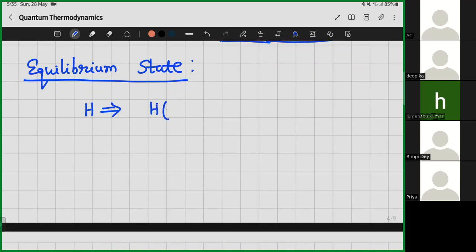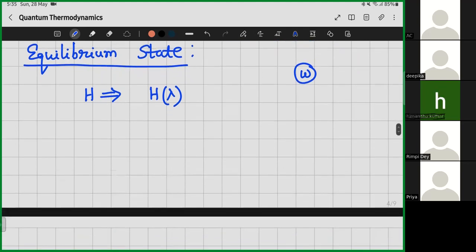This lambda may be anything. For a harmonic oscillator, we can think of omega as lambda. Lambda is just a parameter which controls our Hamiltonian. It may be an electric field or an external magnetic field as well.